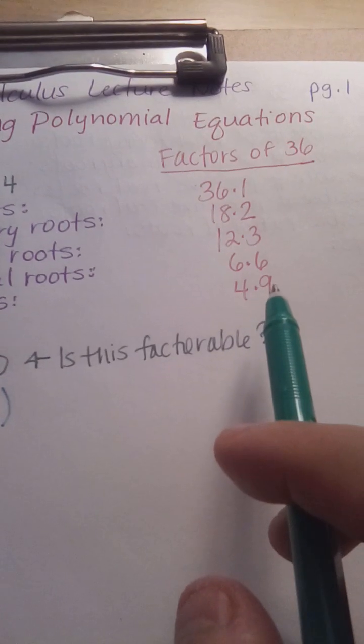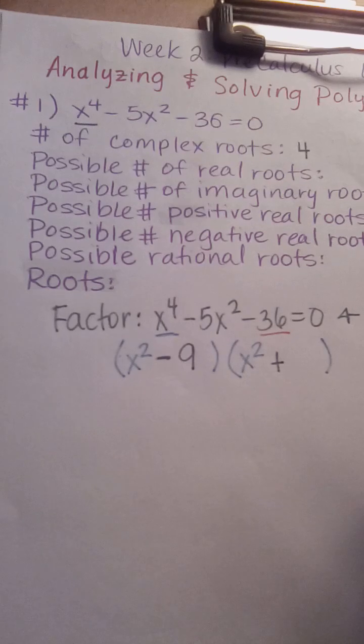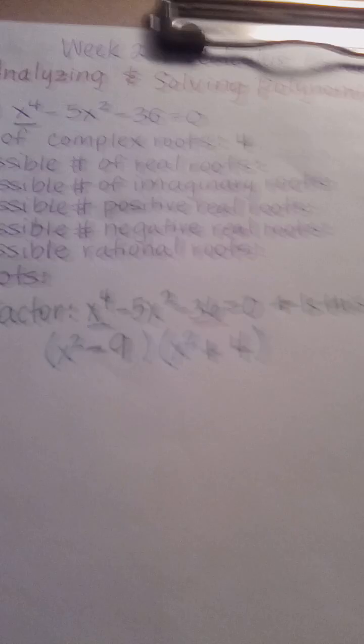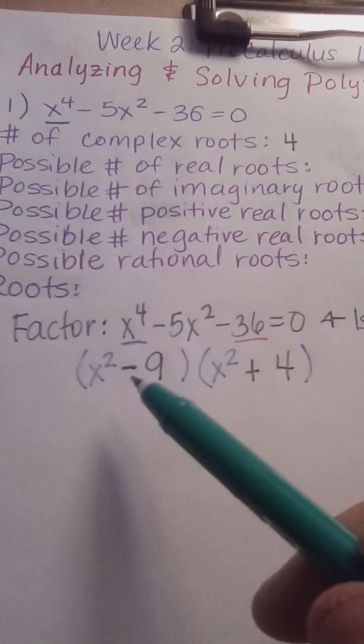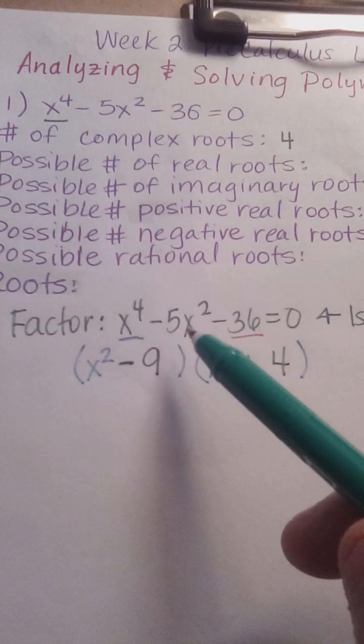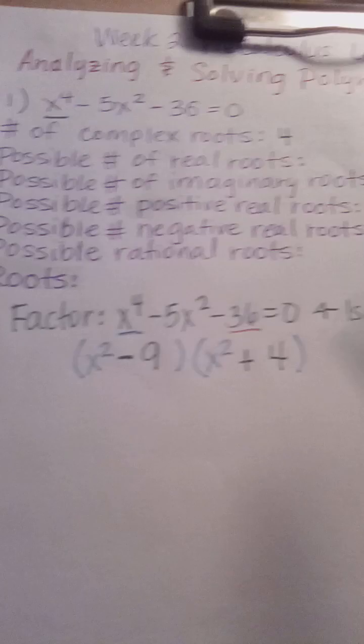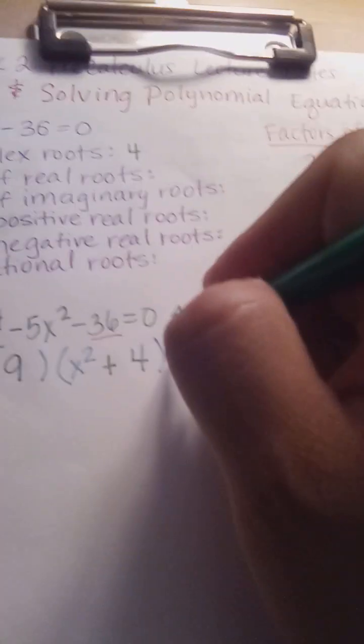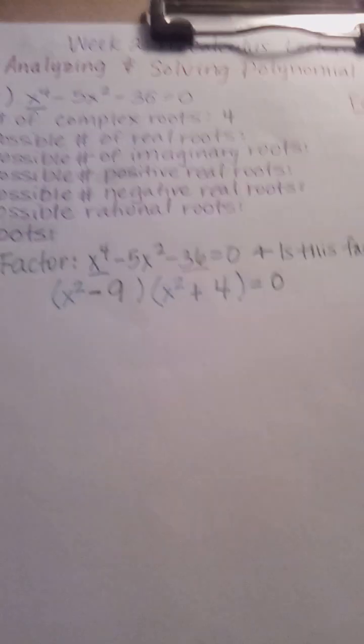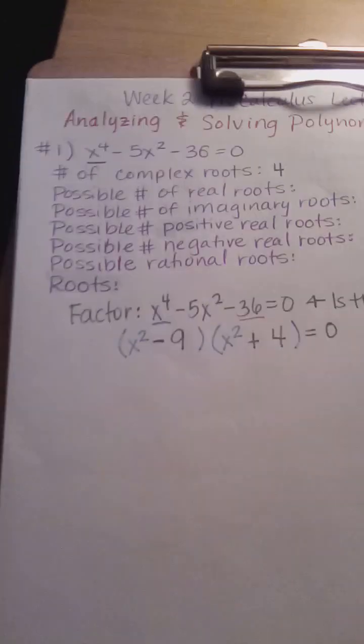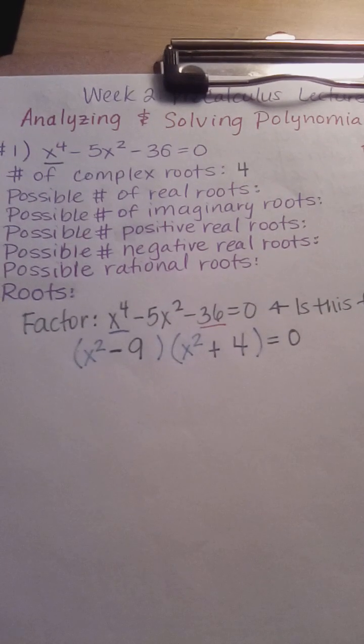Let's put the bigger number 9 on here, the first factor, and the 4. Negative 9 plus 4 gives us negative 5x, negative 5. So it does match. Don't forget to put 0 equals 0, because you're going to do factoring in a moment. Okay. So any questions on this part?